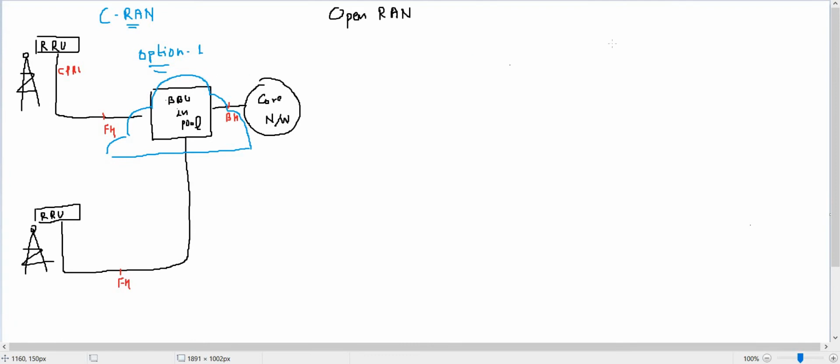Now there is another option, we call it option 2, to deploy this centralized RAN or cloud RAN. Let me tell you that option. This is our base station, let's call it base station 1, and this is our base station 2.